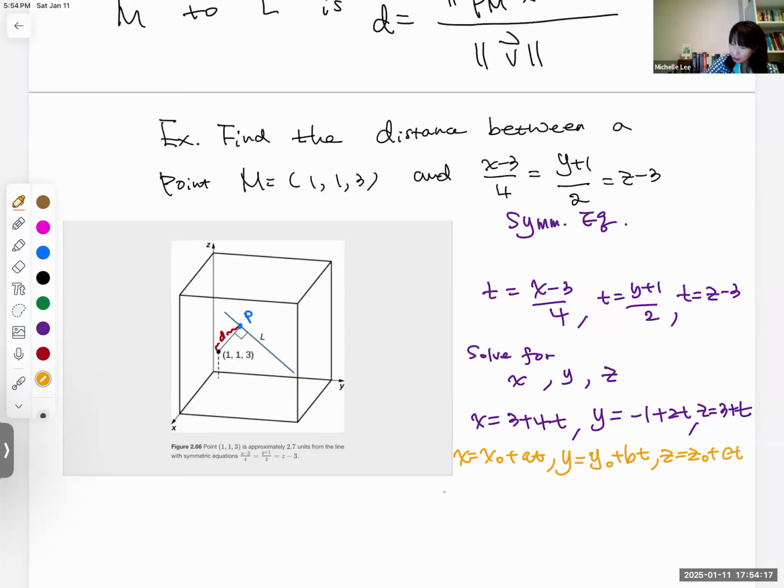Then vector v, we call this the direction vector. So direction vector for P, Q, but there is no PQ yet. Okay, just call it the direction vector for now. Then v equal to ABC, right?